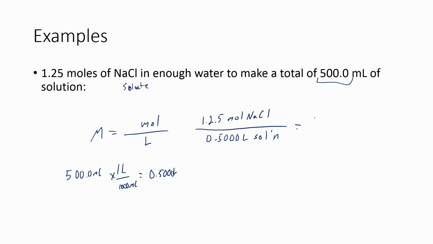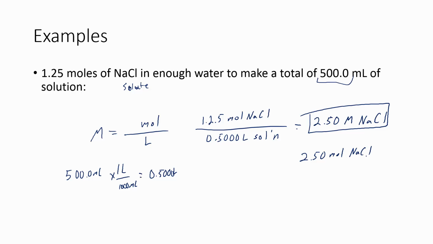So that's going to give me a total of 2.50 molar sodium chloride. Okay, so that big M just stands for moles of solute for every liter of solution.